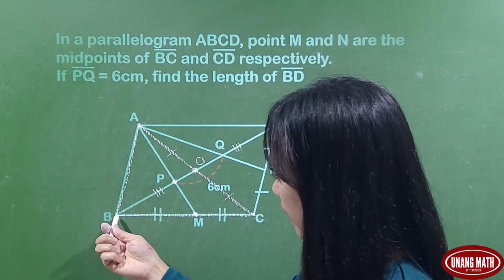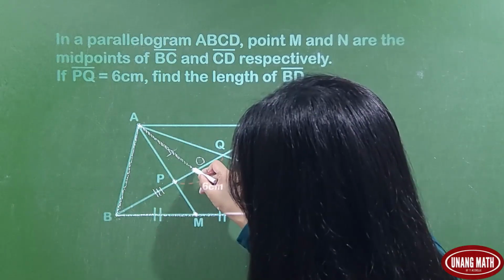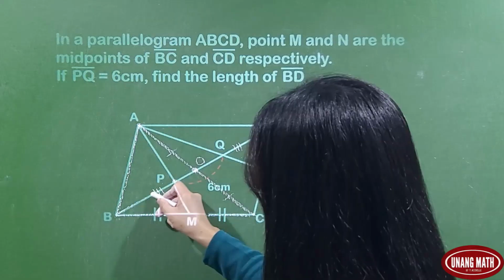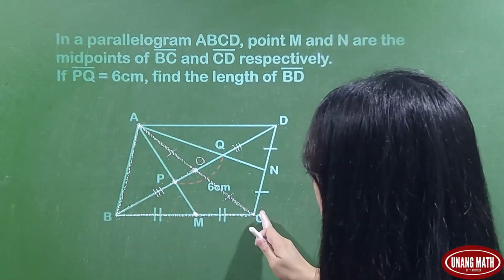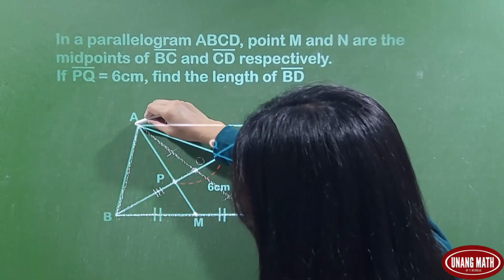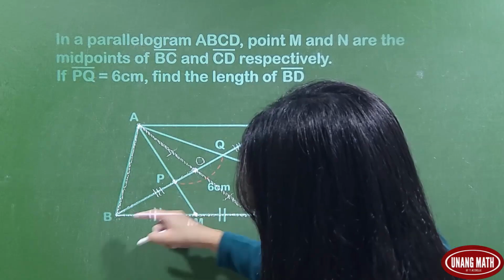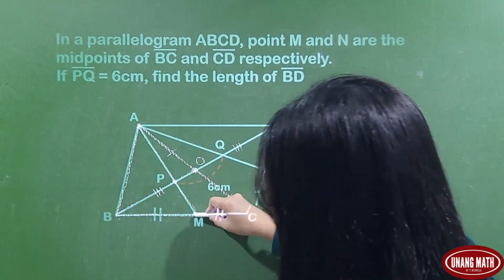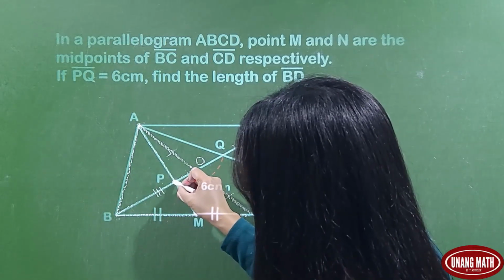Take a look at this one. This is from vertex B to the midpoint of segment AC. It means this is a median for this triangle ABC. Another one is from this vertex to this midpoint of segment BC. This is another median for this triangle. So these two medians intersect at this point.